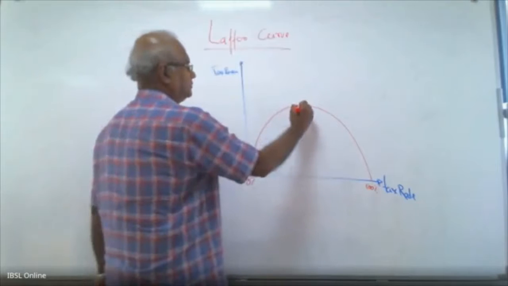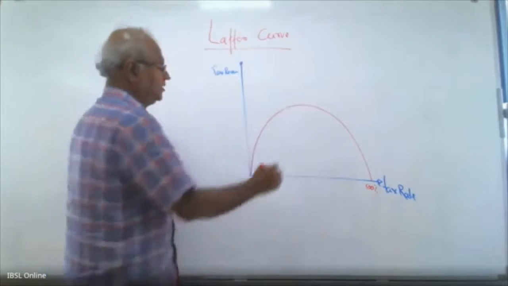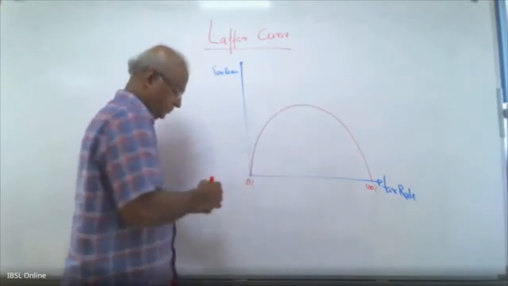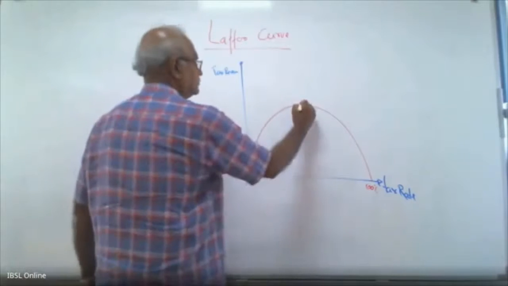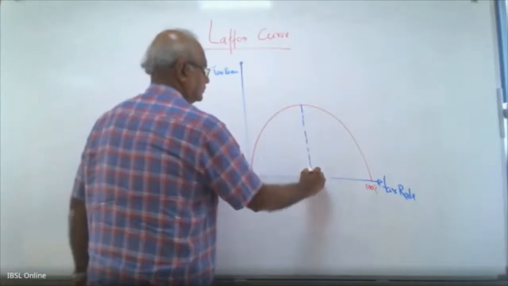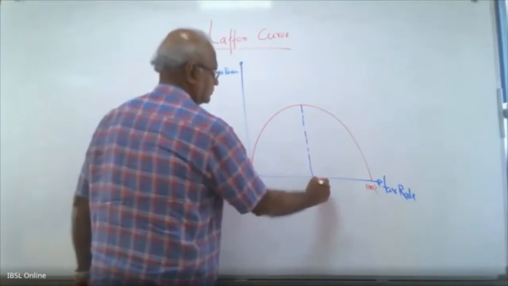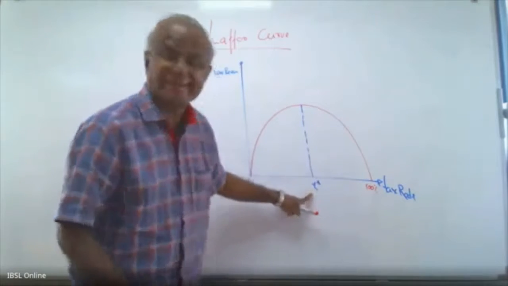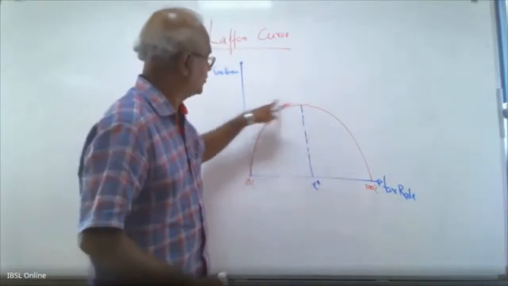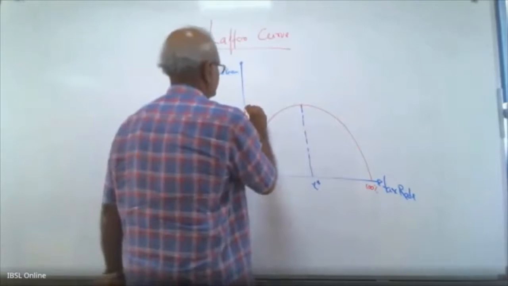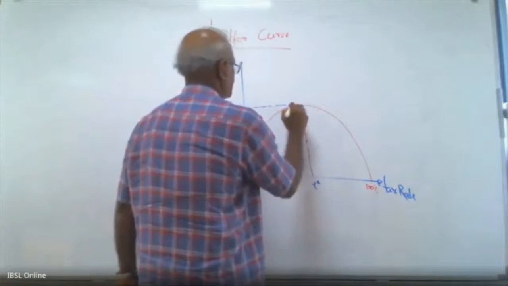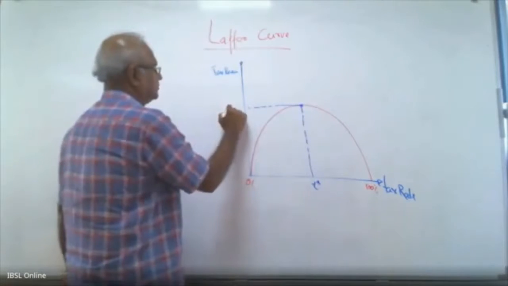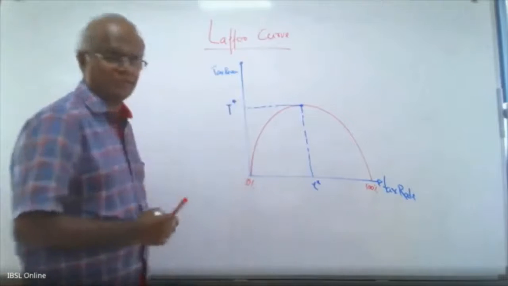Tax revenue. What will happen? That's the maximum point. At that tax rate, revenue is maximized. Tax revenue is maximized.